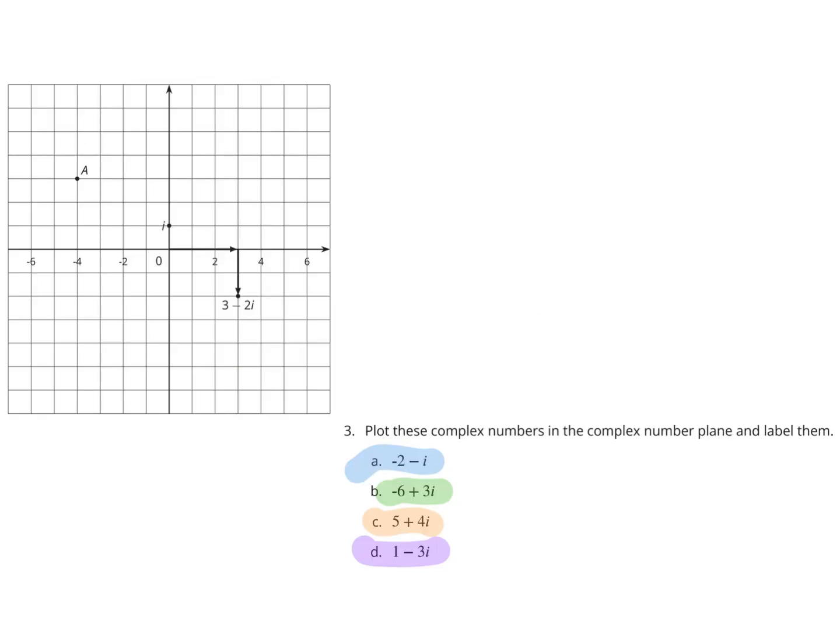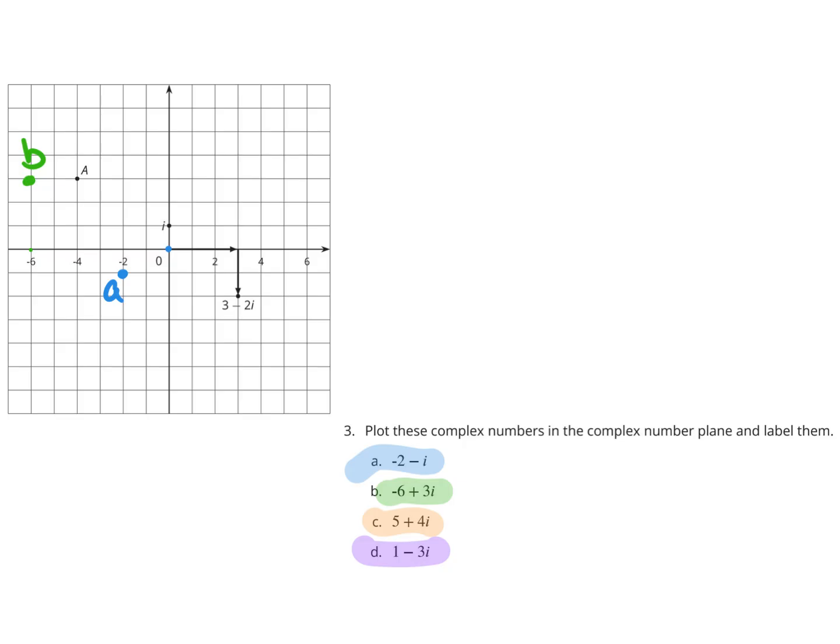Okay, let's plot these points. All right, so starting at the origin, we go negative 2 minus I. So that's A. B, negative 6 plus 3i. Negative 6 is here, plus 3i is here. So that's B. C, 5 plus 4i.